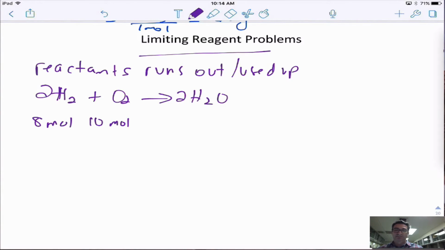Now, this is a departure from what we've seen before, because in this case we're given moles of both reactants. Normally, they would say one was excess, so they're telling you which one is excess and which one's limiting. Remember, the excess one we disregarded because we don't really care about it. Here we have to figure out which one is limiting and use that to find the product.